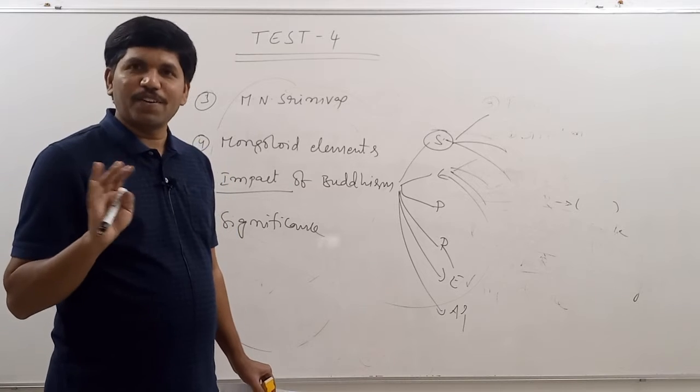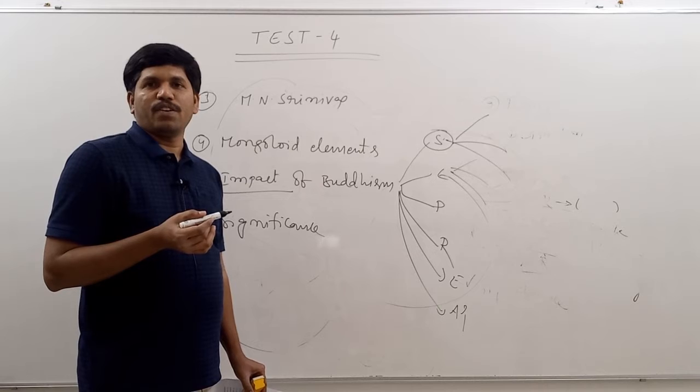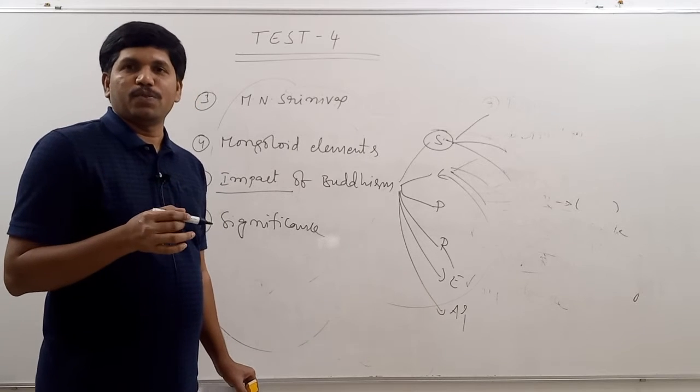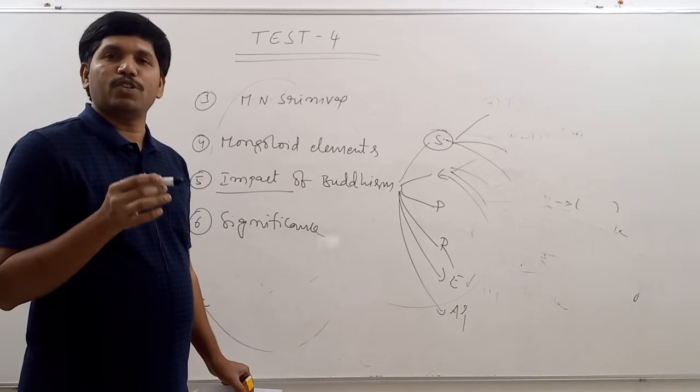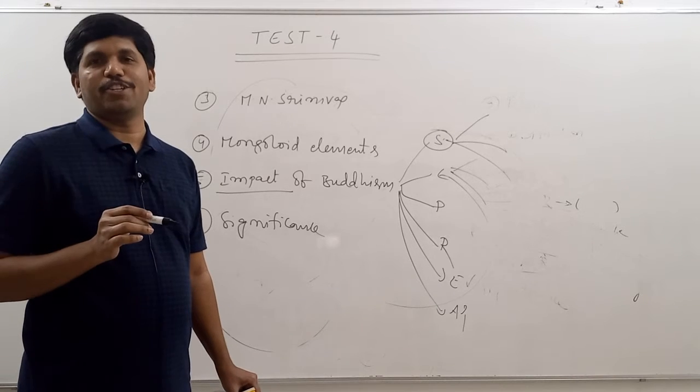That's why ultimately you have to write like this. If you study the villages, the data obtained can be used for the social, economic and political development of the villages.